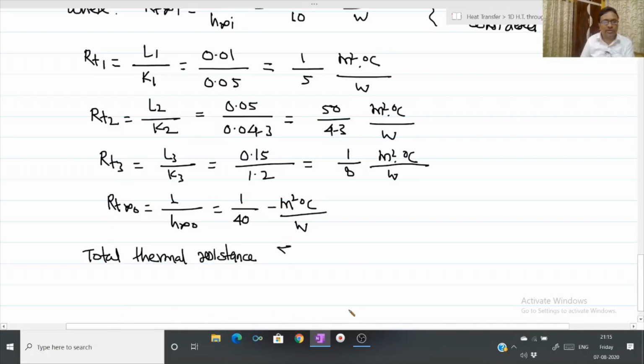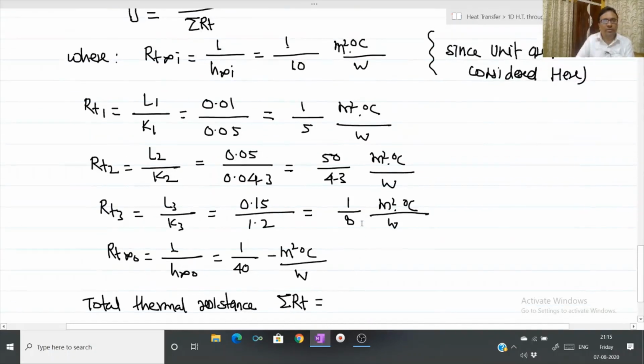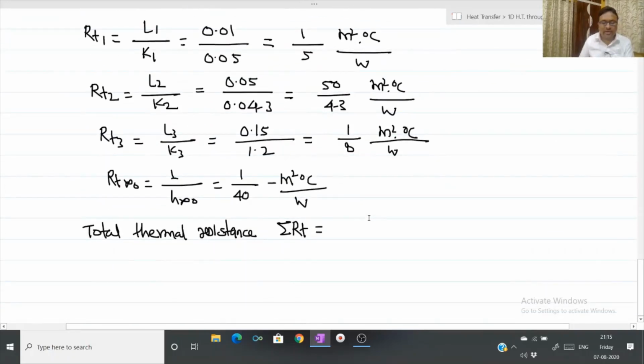Now let us find out total thermal resistance. It is nothing but summation of RT, and it will be summation of 1 by 10 plus 1 by 5 plus 50 over 43 plus 1 over 8 plus 1 over 40.